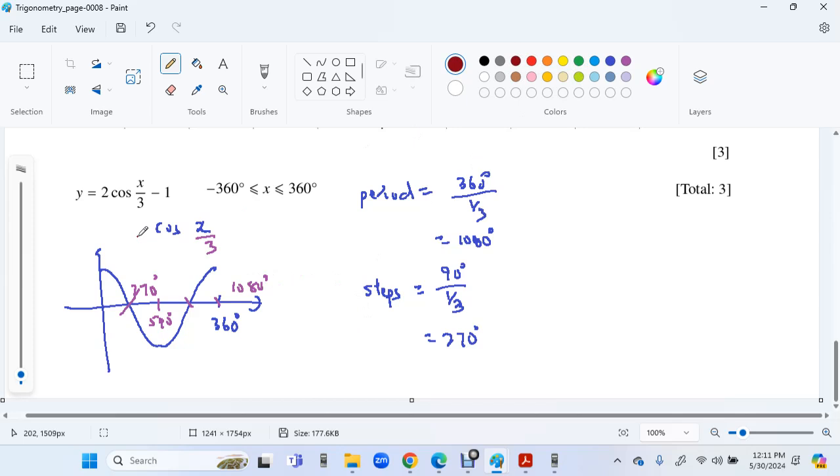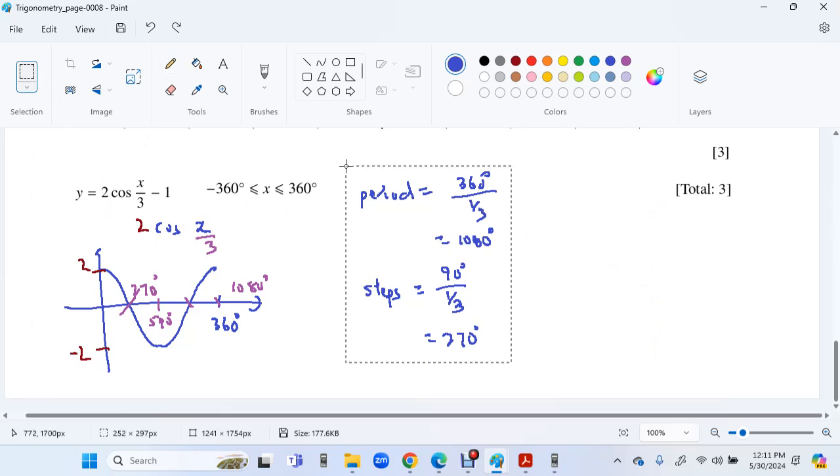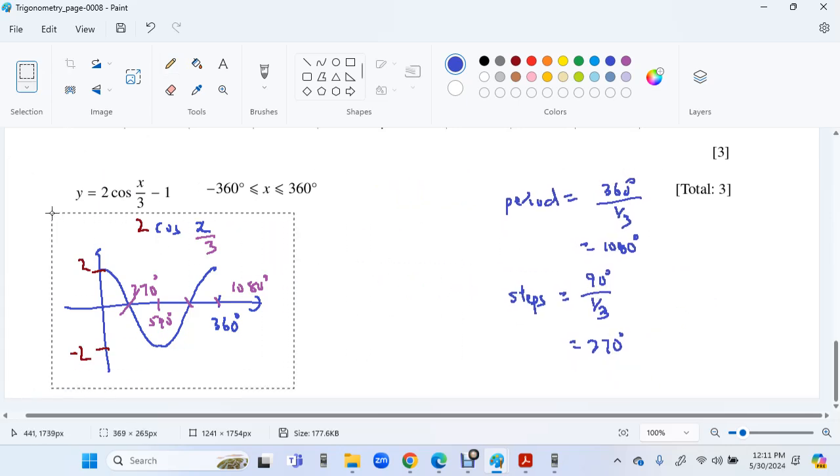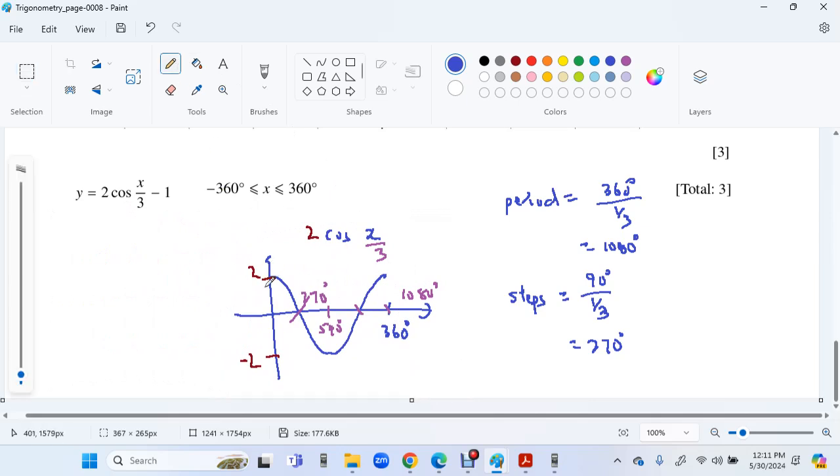If we multiply with 2, then this one will become 2, and this is negative 2. And then we have from negative 360 to 360. So we have another one here, this one will be the negative 270, and this will be the negative 540.